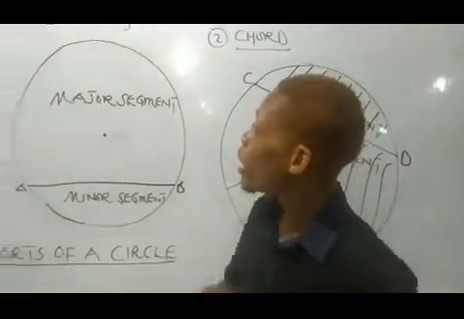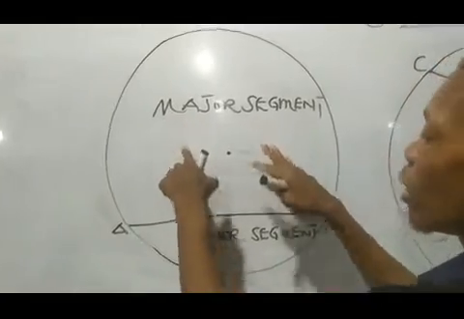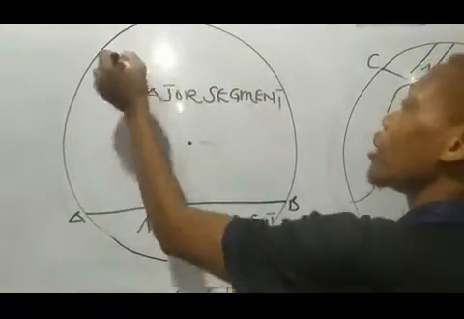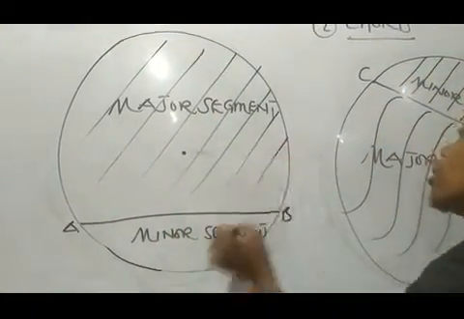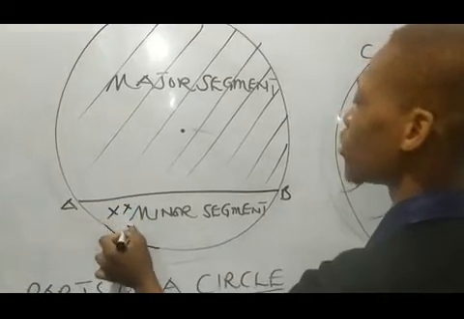Now the same way, if we come to the first diagram, this side is major and this side is minor. So we can also shade this side and use this, and then this for the minor.